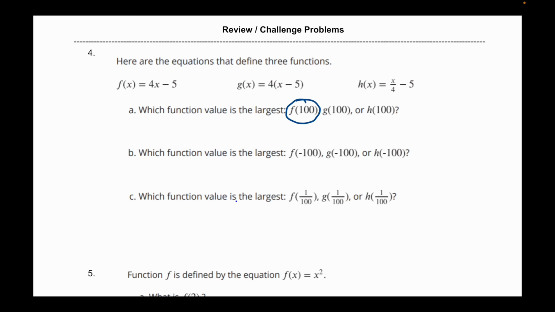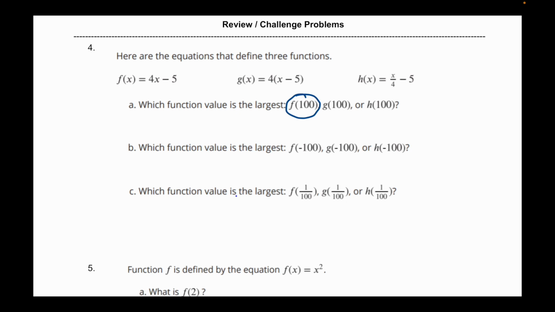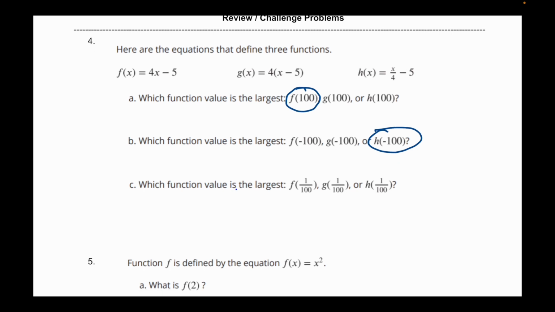For b, which function value was the largest, that was actually h of negative 100, because it was the one that was closest to 0, even though they were all negative. And for our third one, it was very close between f and h, but f was again the largest, because it was the least small, or the least negative.